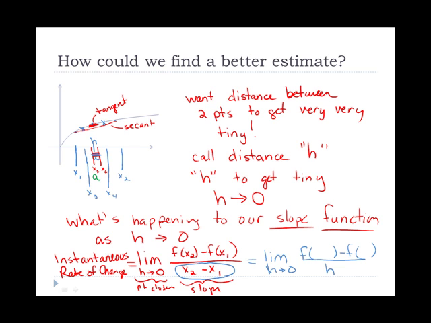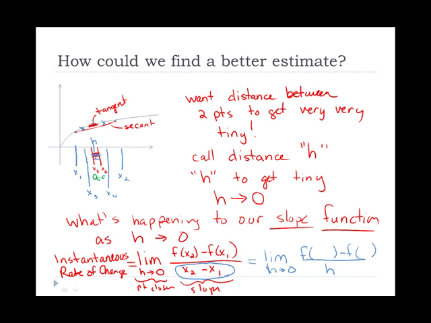That's one of our points. And then I go h units to the right. Think about it: if you start at 2 and I tell you to go 3 units to the right, we don't have to write 5. We could write 2 plus 3.